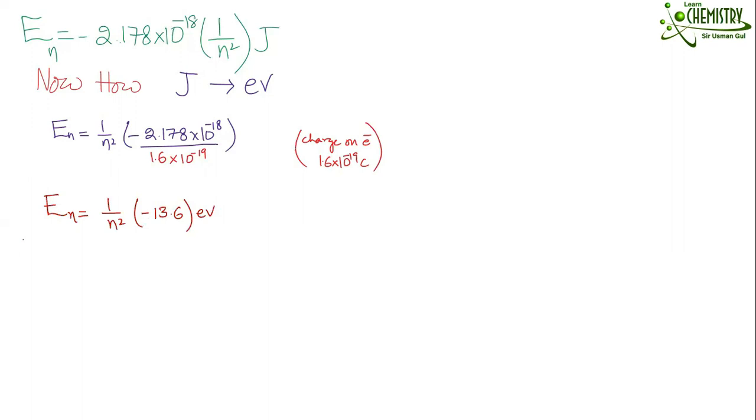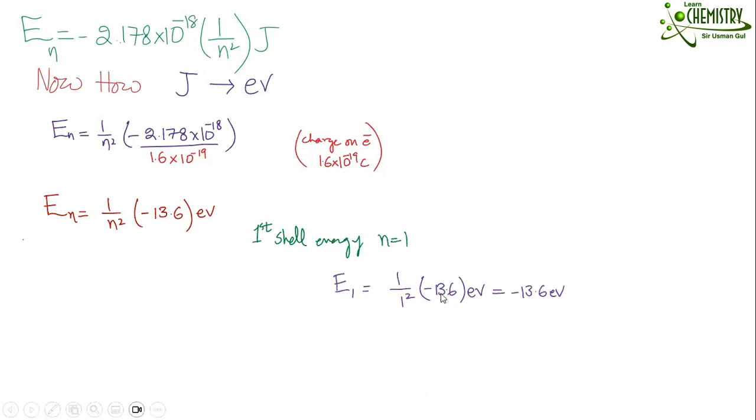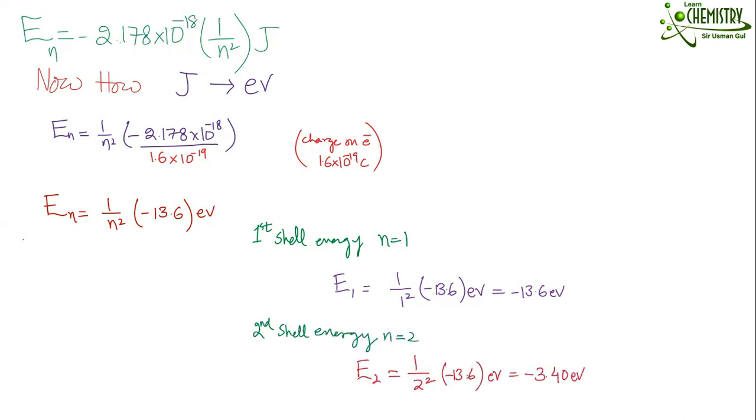Now in the similar way, we can calculate the energy of first shell electron and second shell electron in electron volt by putting the value of n. For the first shell n will be 1, so it becomes 1 upon 1 square into minus 13.6 electron volt, so it will be minus 13.6 electron volt. Similarly, for the second shell electron, n will be equal to 2.